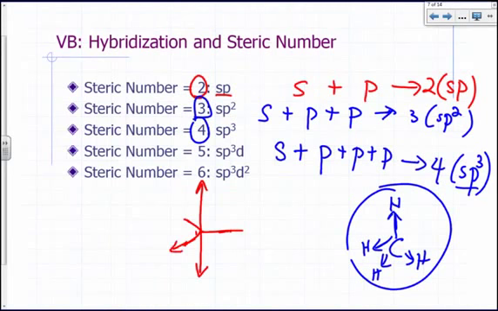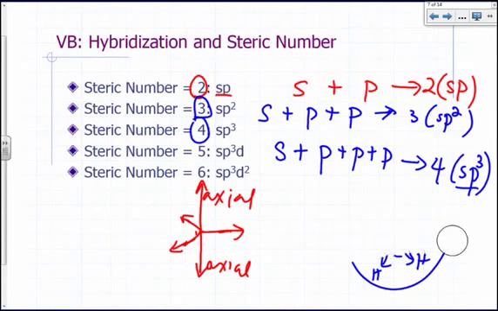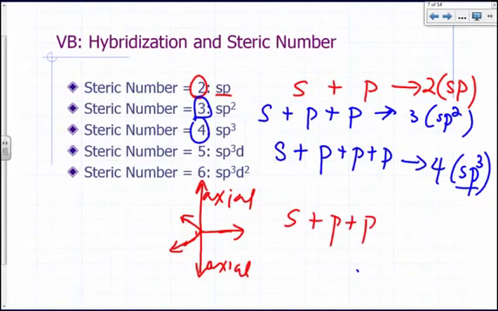You can imagine those as pointing towards the North Pole and the South Pole. So here's your axial group, this is an axial group down here, and you have 3 equatorial groups. For that, you're going to need to hybridize 5 orbitals: an s orbital, 3 p orbitals, and a d orbital.